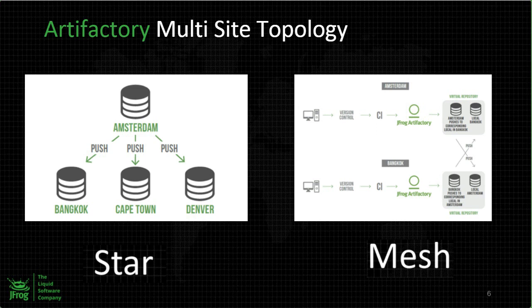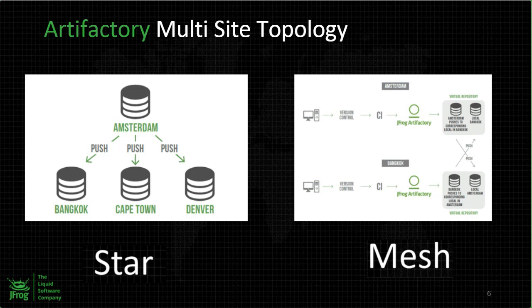Whereas in a mesh topology, what happens? Even in mesh topology, the replication and the topology setup are two different things. You will use the combination of either push or pull that works in your mesh setup. But the main ideology in the mesh topology is anything that's being pushed into one setup, in this case the Amsterdam one, gets replicated over to the Bangkok one, and anything that's in the Bangkok setup will get replicated to the Amsterdam one.